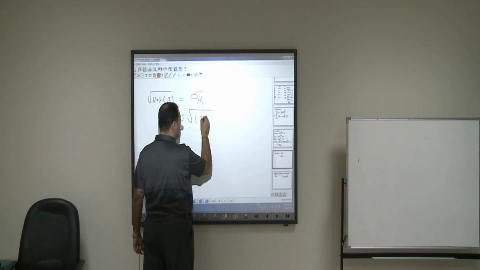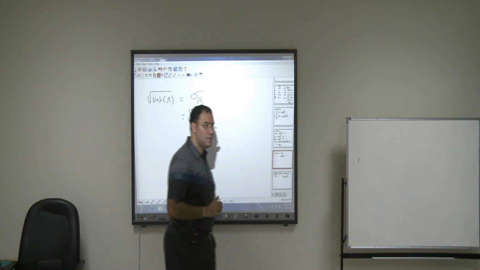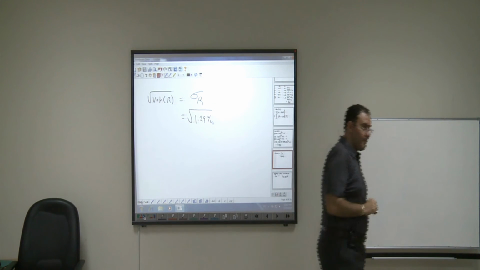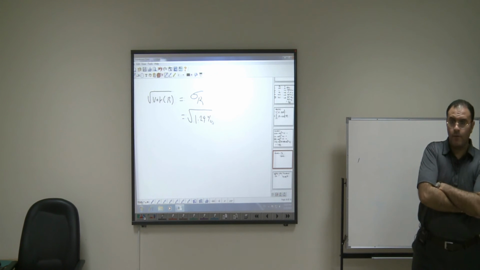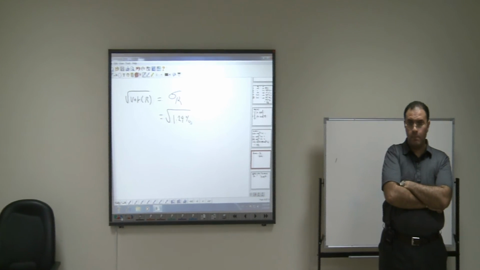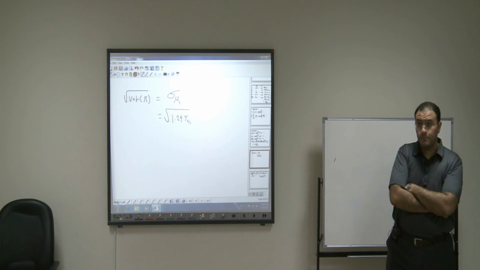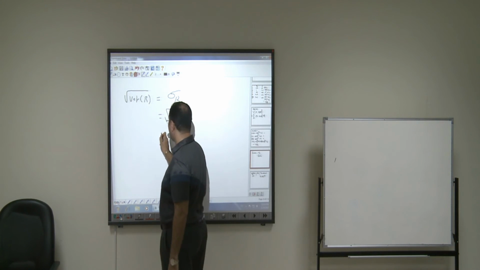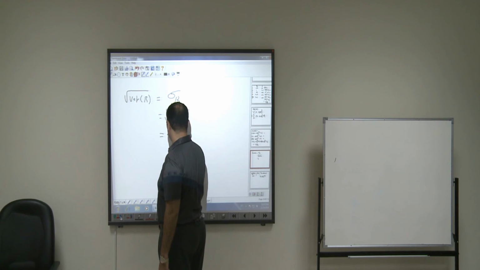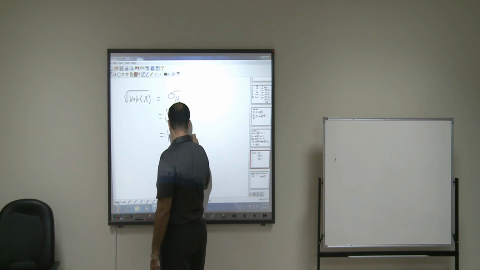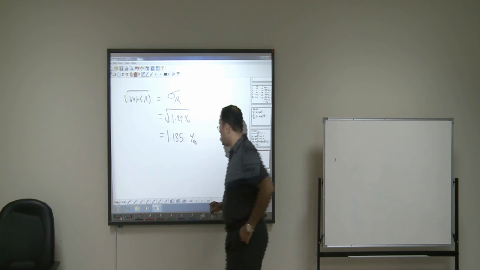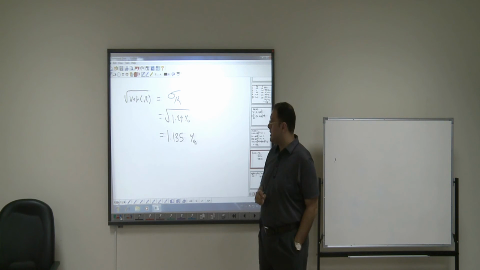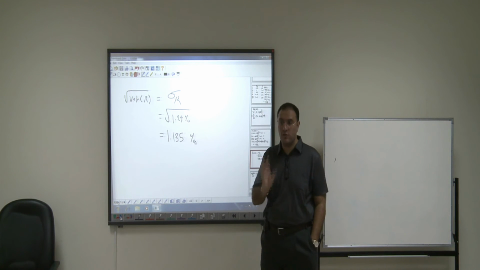And the answer is going to be 1.135. So this is going to be the standard deviation. This is going to be our measure of how far on average.